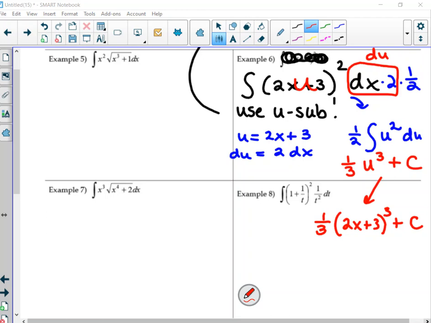Oh, crap. I made a mistake. I forgot about the half. So the half is there, and then there's a third, or a divide by 3 from the antiderivative. I found this out by trying to check my answer.